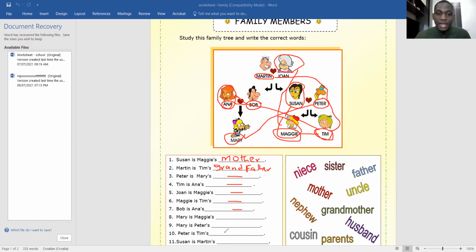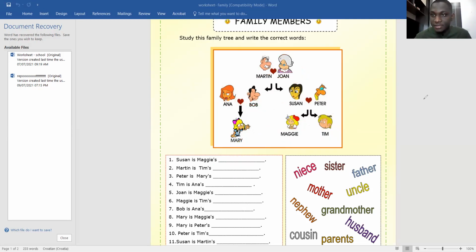Number eight, Mary is Maggie's. Where is Mary? Okay, Mary is Maggie's what? You have to write it by yourselves. Good. So I'm trying to scroll down so that you will see the rest of the slides.